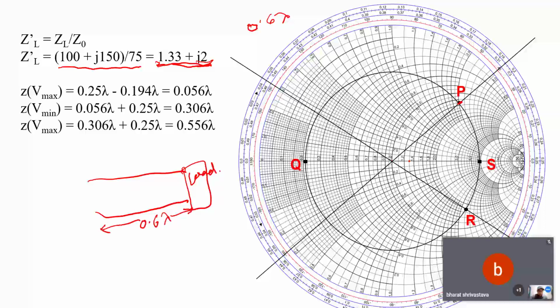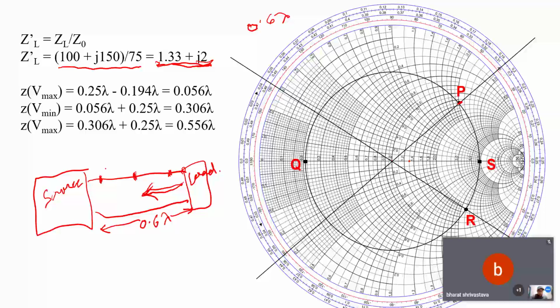So we have to see where voltage maxima and minima will occur. Basically we have to move towards the source. Here is my source, so we move towards my source, and then we see where the maxima and minima points will be located.